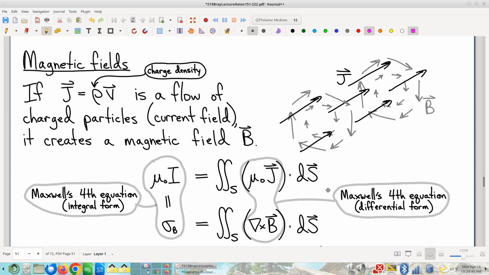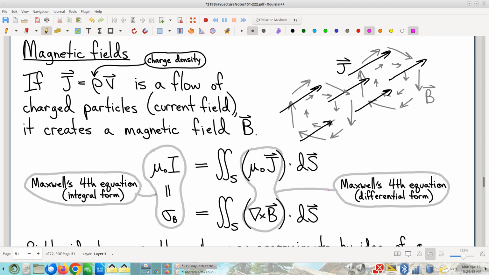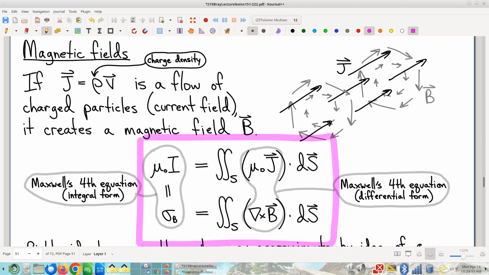So magnetic fields. Now, you're going to notice some similarities here to something we've done before. You notice this little square of equations. I write it as this little square of equations deliberately.